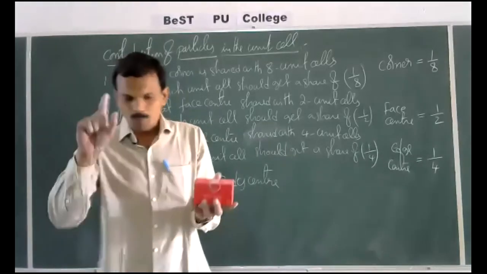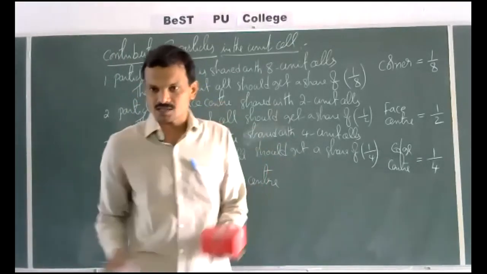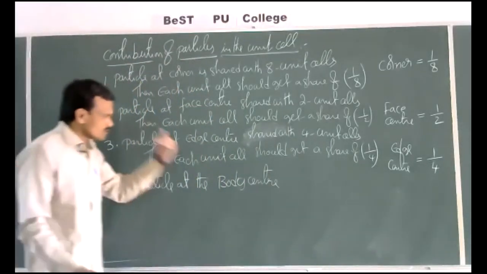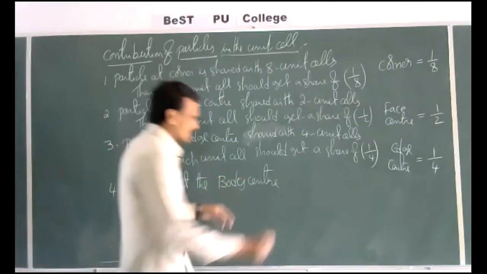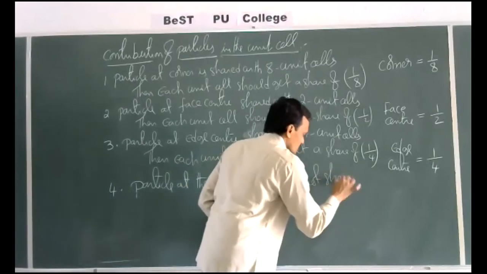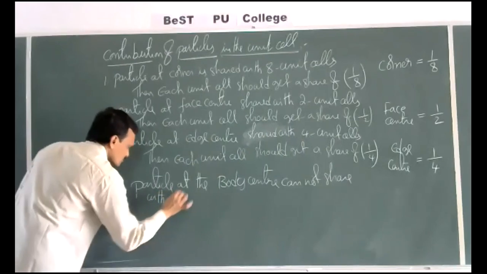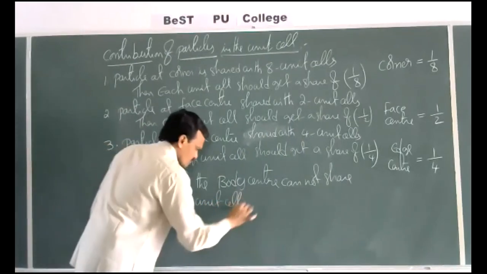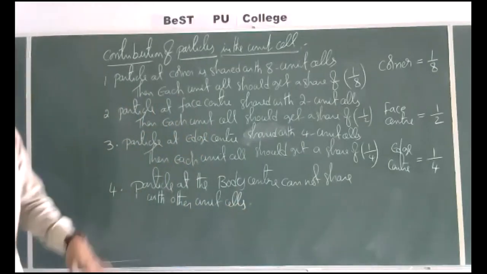Not possible. The particle inside at the center of this box cannot share with any other unit cells. That means the total particle belongs to the same unit cell. So a particle at the body center cannot share with any other unit cells.